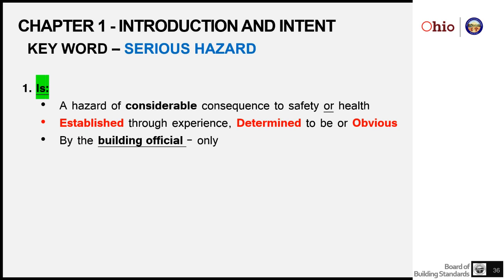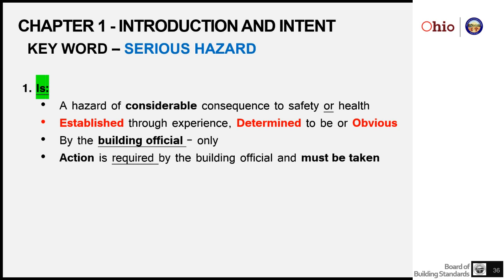They can make comment to the building official, but the building official is the one that determines that it is or is not a serious hazard. And the rules say that if it is a serious hazard, action is required and the building official must take action. So typically, and we'll talk about some of those actions a little bit later.